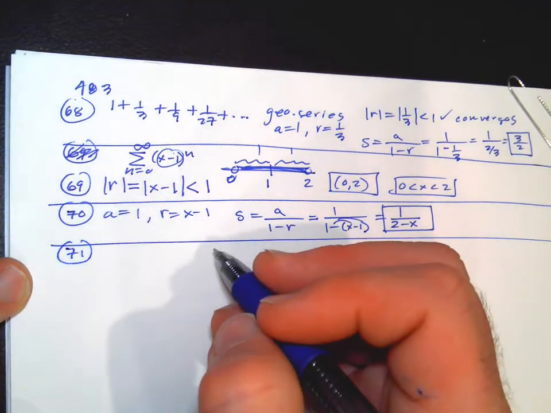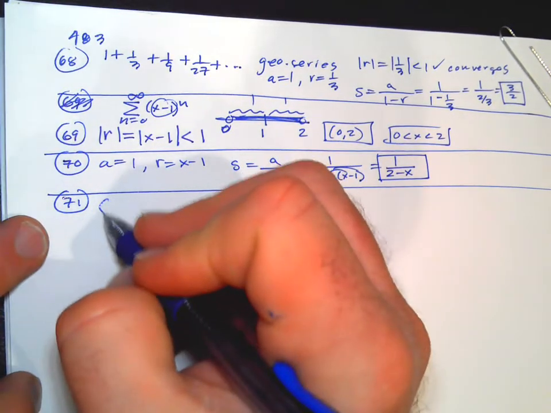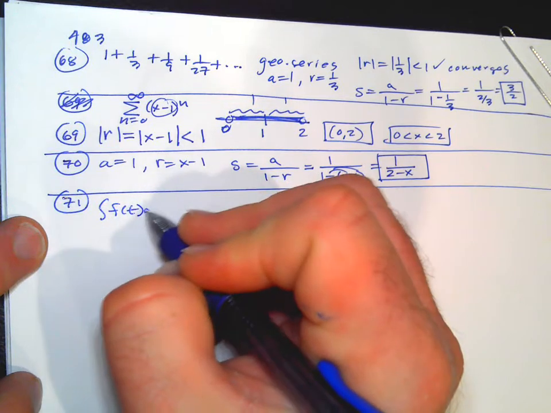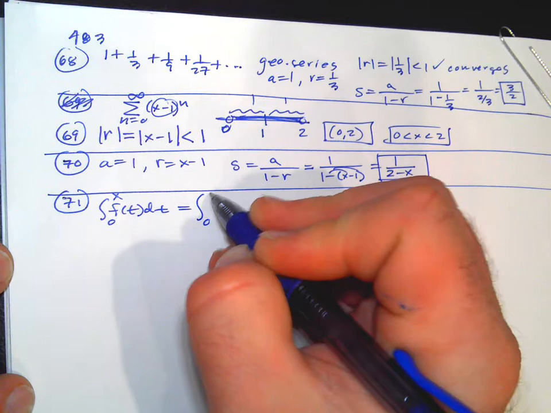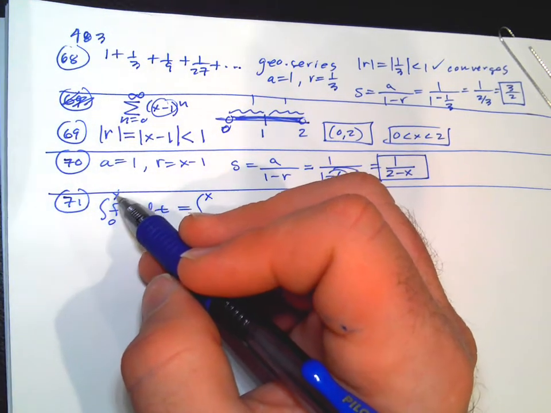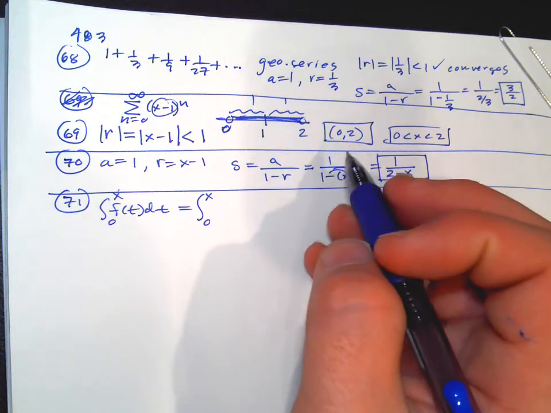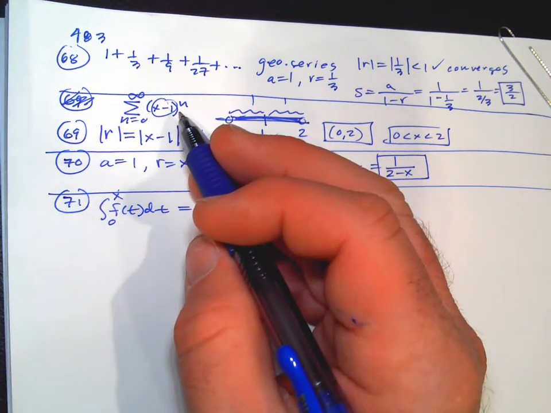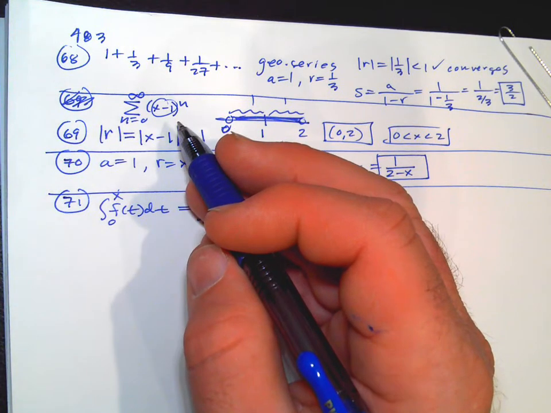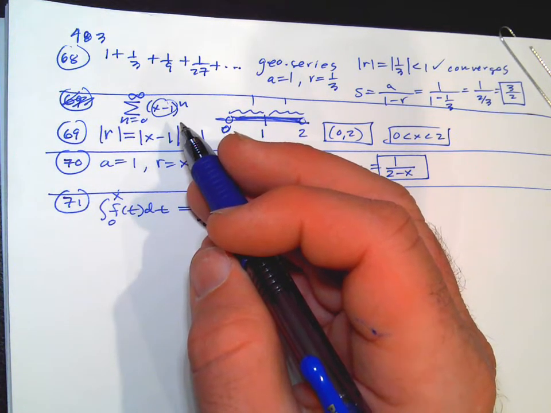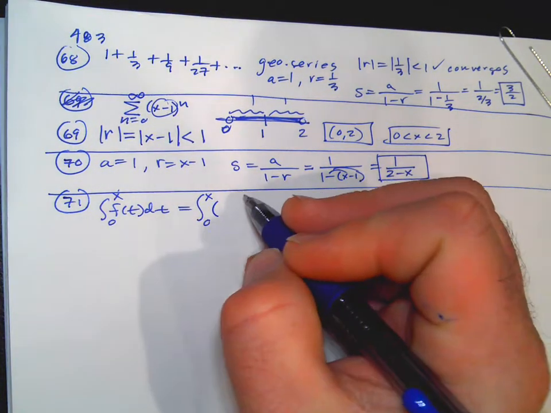71. Multiple choice, which of the following is a function that the integral of f of t dt represents from 0 to x? So technically, you're supposed to have a different variable in the limits as what's inside. That's why they put t's in here. So we're going to take the function they gave us, and we could write it in open form.